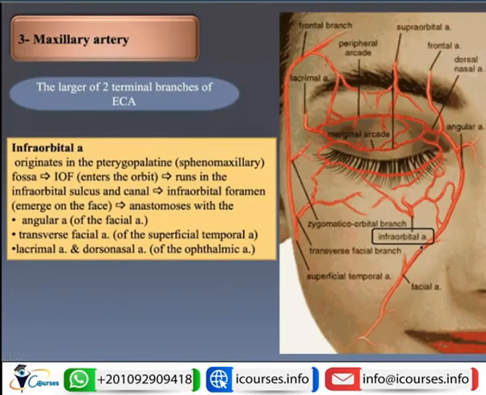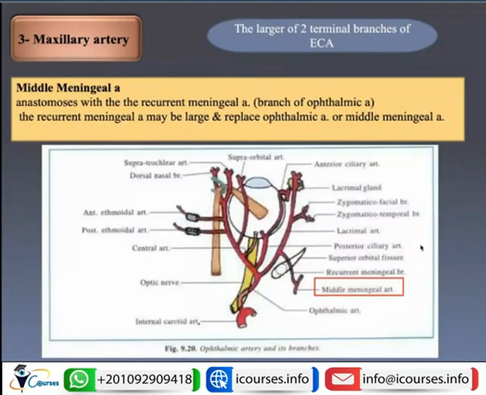Then this infraorbital artery will anastomose with several arteries like the angular artery of the facial, the transverse facial artery, the lacrimal artery, and the dorsal nasal artery. Also, the branches of the maxillary artery include the middle meningeal artery.